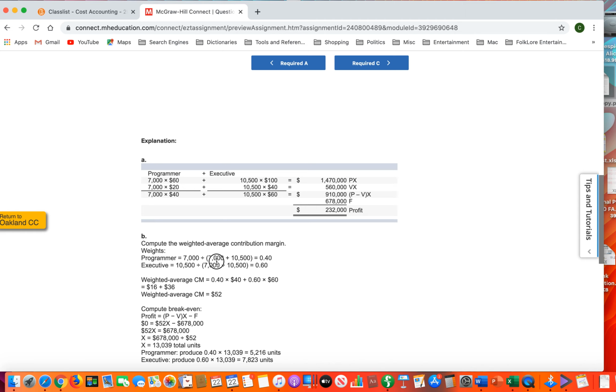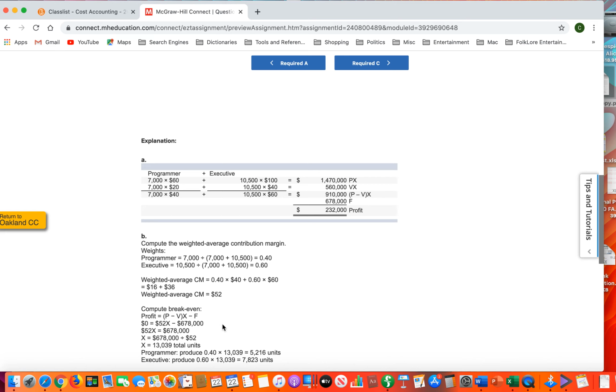Yeah, you see they say 7,000 plus 10,500, that's 17,500. So 7,000 divided by that total and 10,500 divided by the total gives you the 40% and 60%. And since the contribution margin for one bag is $40, 40% of that is $16, and 60% of the $60 is $36. Add them together, that's your weighted average contribution margin.